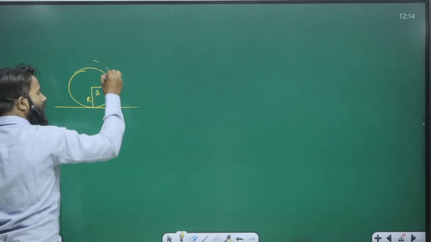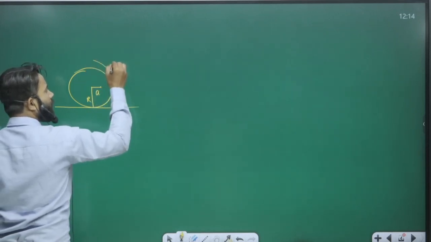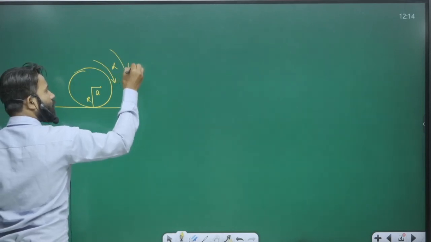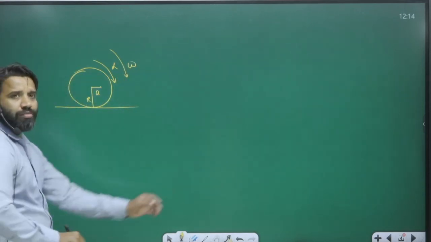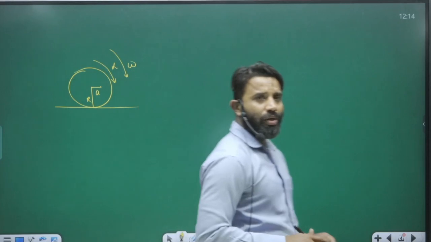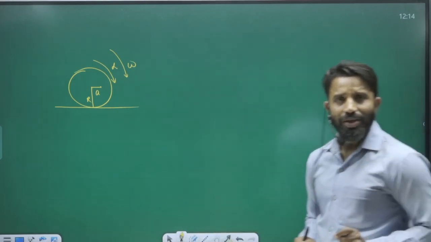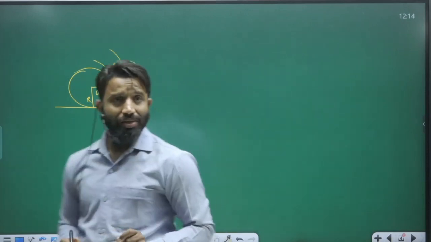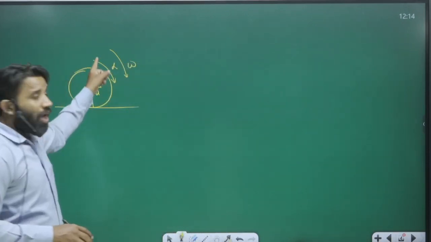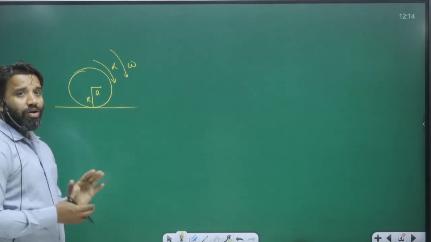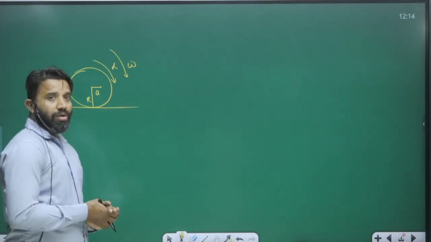Along with that, this is having some angular acceleration alpha, and it is rotating with omega. Got my point? Again we have considered the disk, and the center of mass of this disk has acceleration a. Alpha is the angular acceleration and omega is the angular velocity. Got my point?